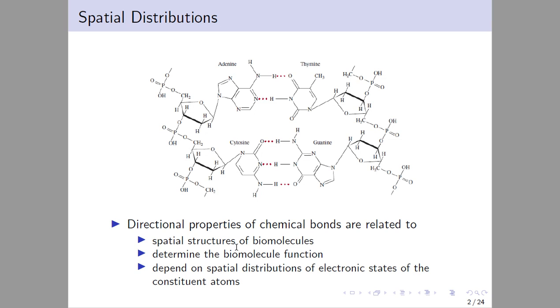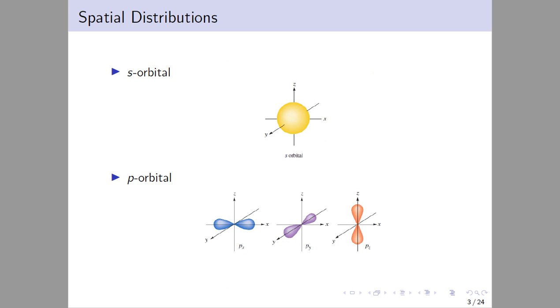This special structure of a molecule also depends on the special distribution of the electronic state of the constituent atoms. Carbon has its orbital, nitrogen has its orbital, and all the atoms have orbitals. So the special distribution depends on these atomic orbitals.